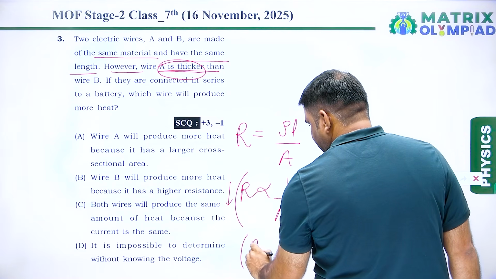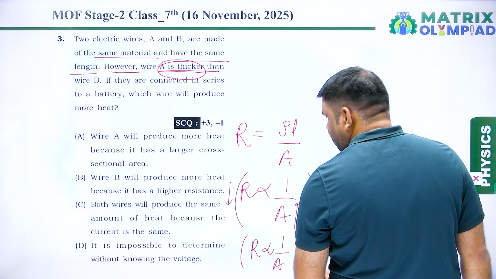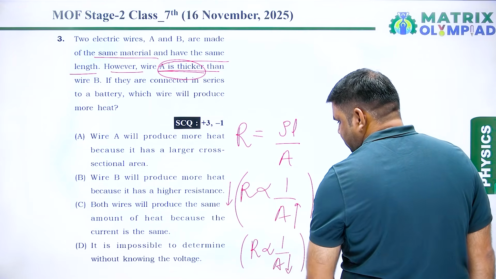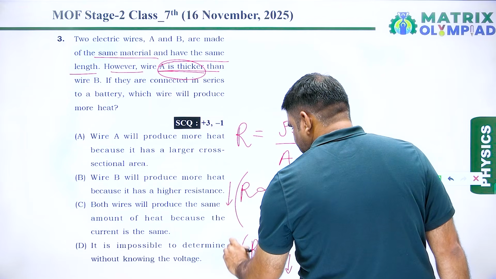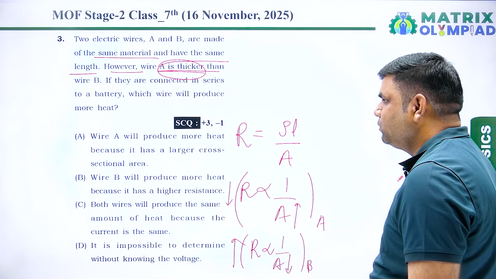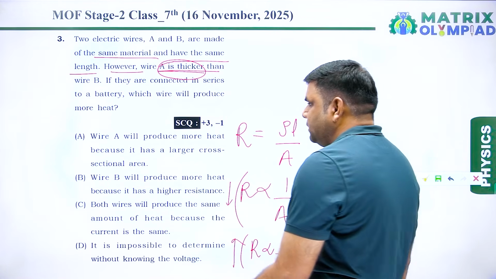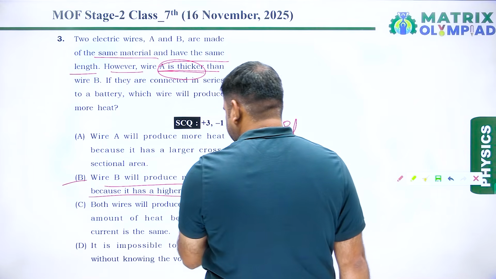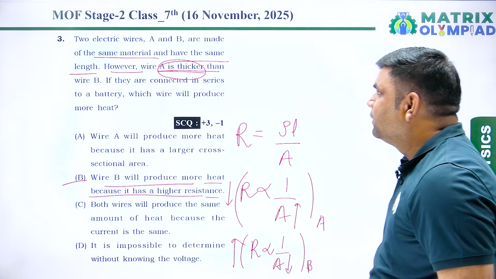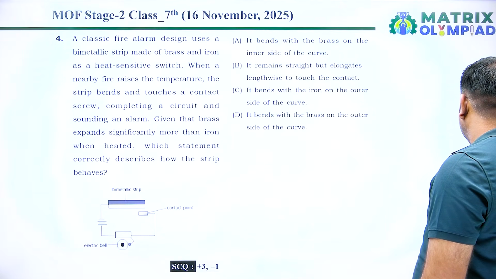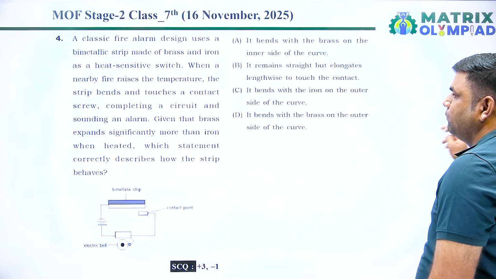And wire B has less area, so the resistance will increase for wire B. So our correct option will be option B: wire B will produce more heat because it has higher resistance. So let's move to the next question, that is question number 4.